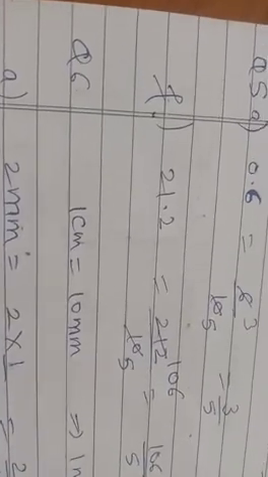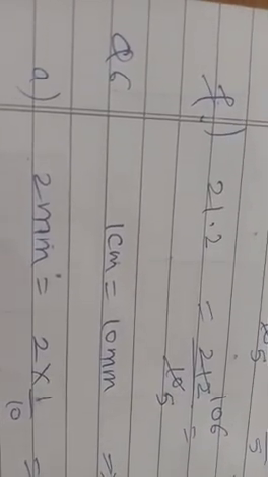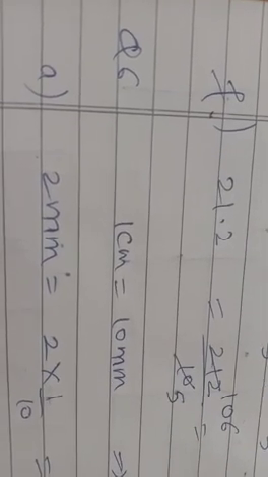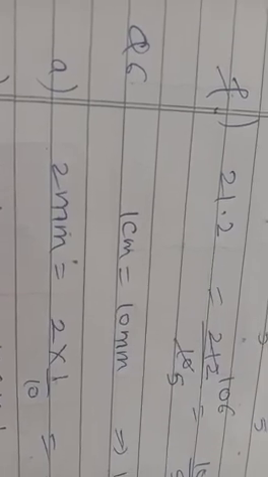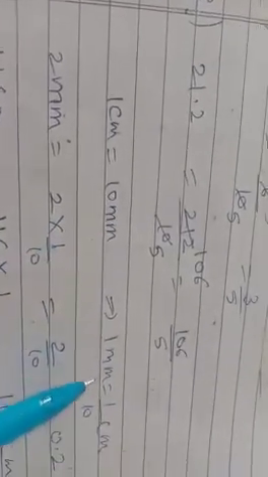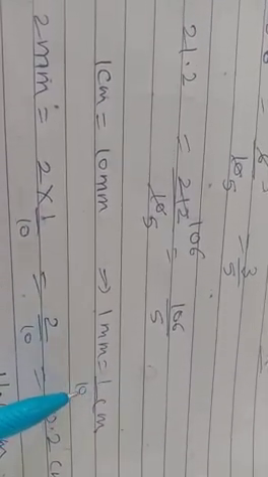Next, coming to question number 6. Question number 6 is, express the following as centimeter using decimal. So before starting this question, you all know that 1 centimeter is equal to 10 millimeter, or we can say that 1 millimeter is equal to 1 by 10 centimeter.